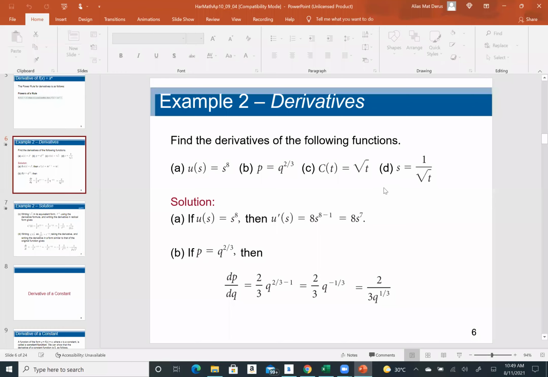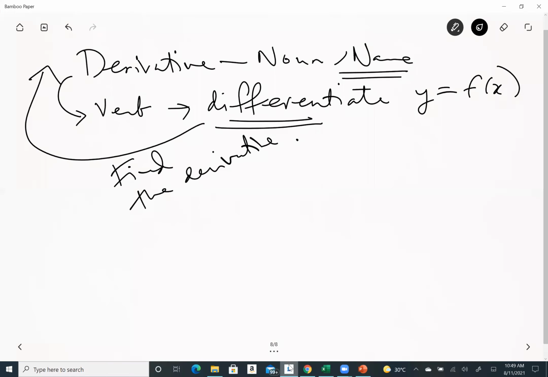If I have square root of 3t or square root of x, how do you differentiate that? Okay, so you have your square root. So you have to write that in terms of number. What is the number square root? x to the power of what?